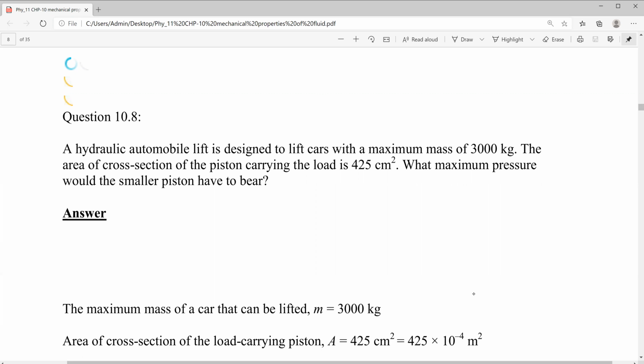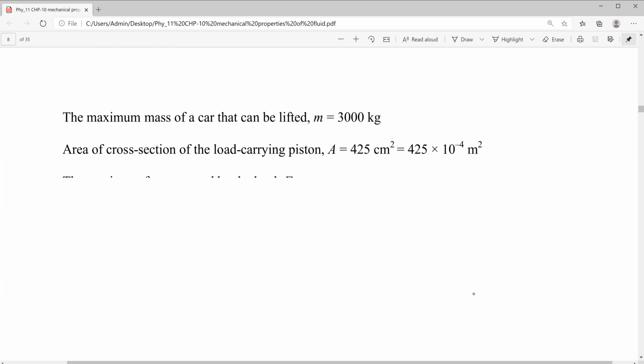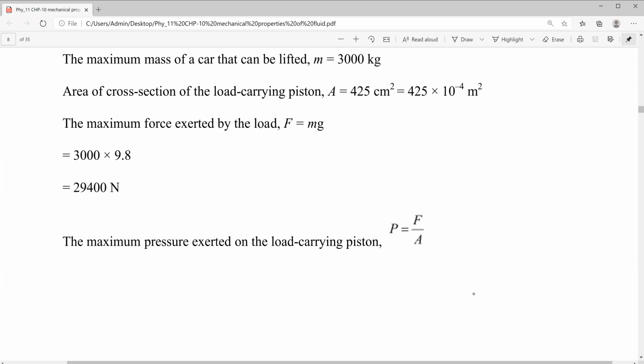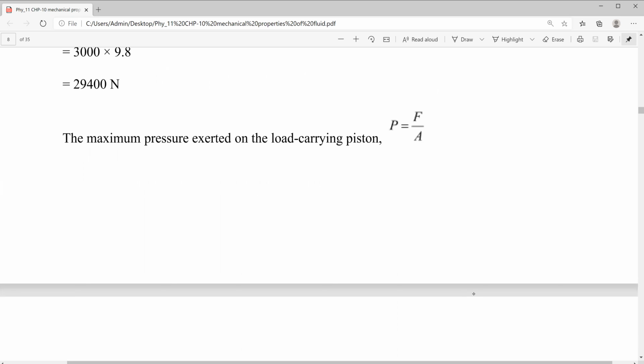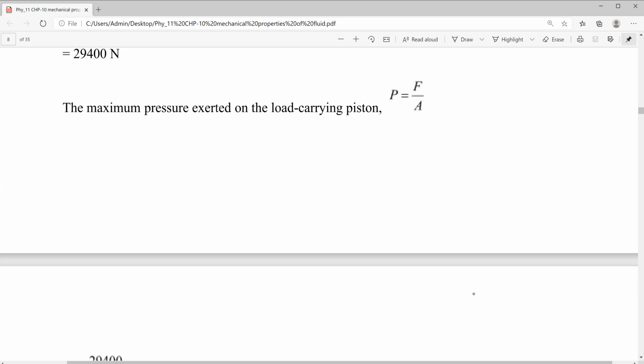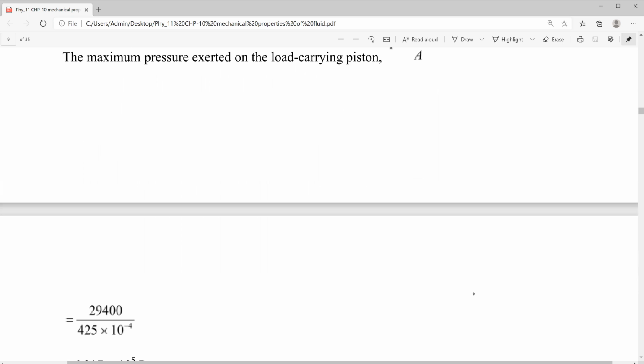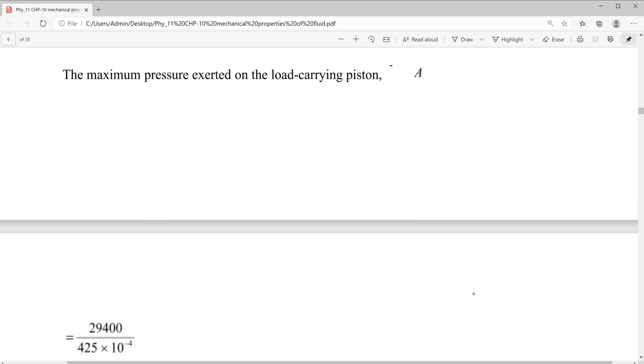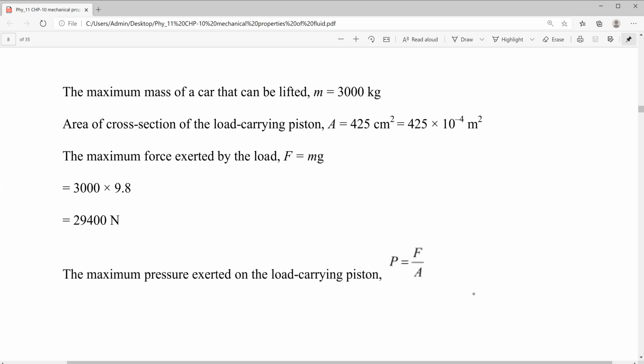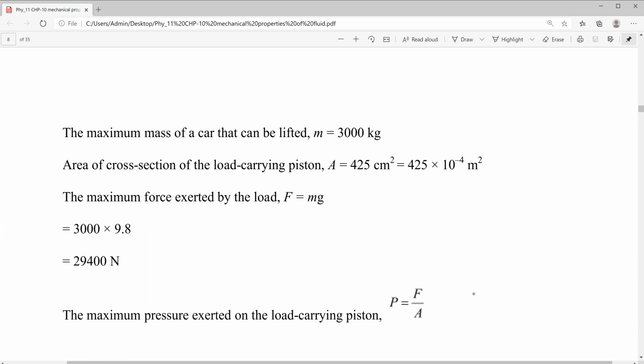From the question, first read the question once, twice or thrice, and note what they have given.